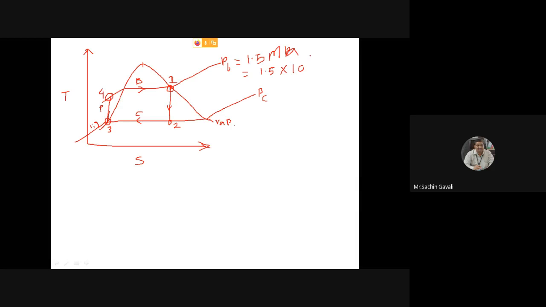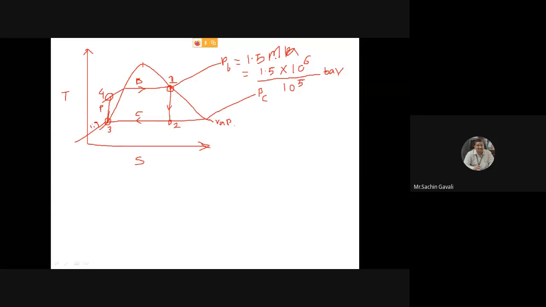Mega means 10 raised to 6 pascal. And at the same time, 1 bar is equal to how many pascal? Kilo means 10 raised to 3, but 1 bar is equal to 10 raised to 5 pascal.